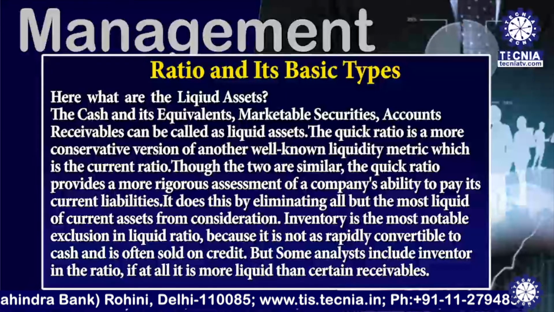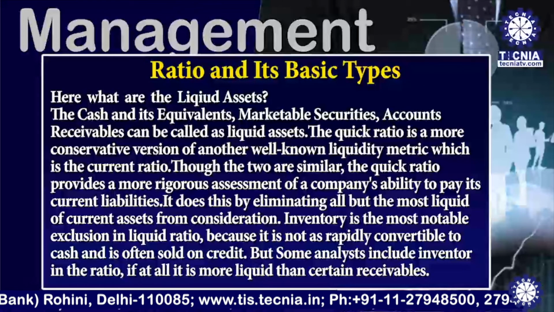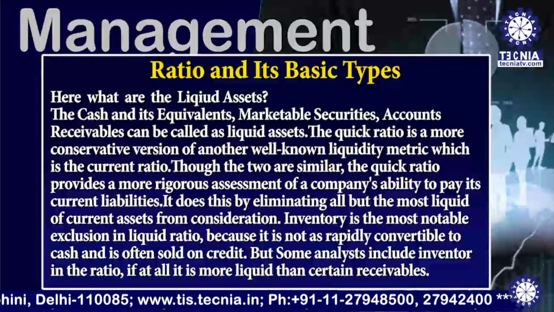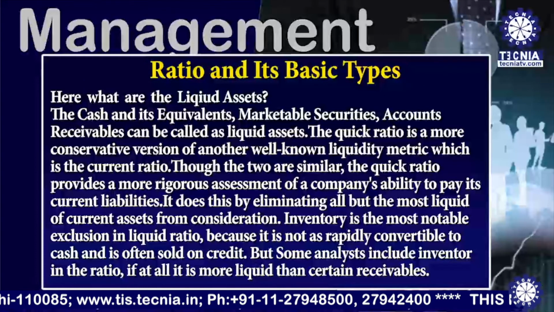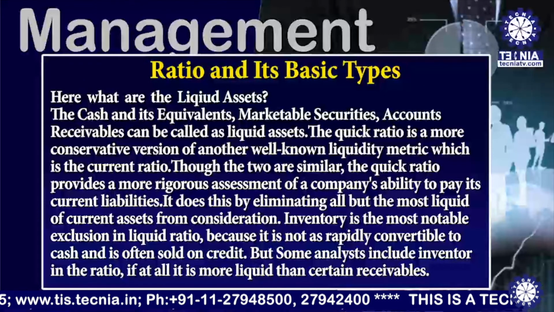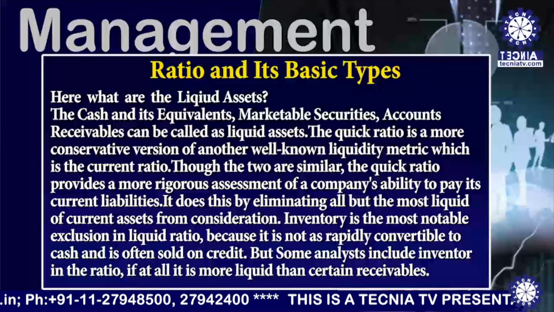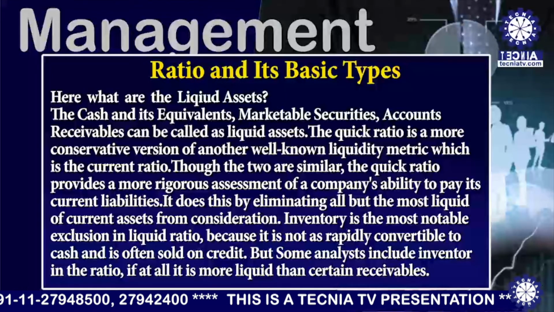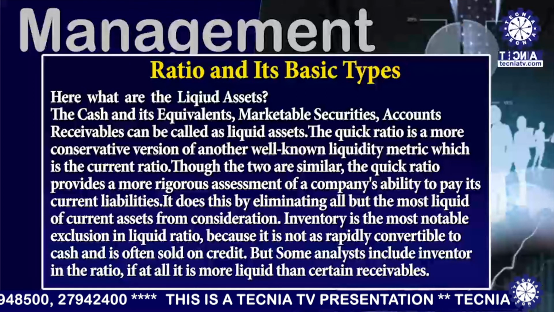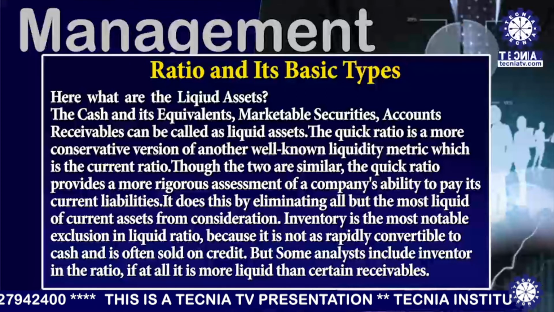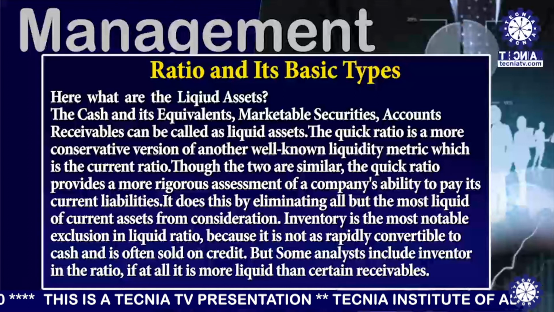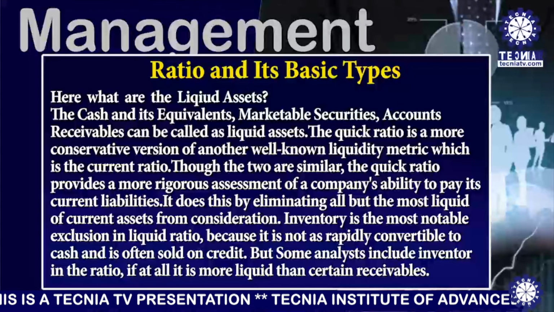Inventory is the most notable exclusion in the quick ratio because it is not as rapidly convertible to cash and is often sold on credit. But sometimes analysts include inventory in the ratio if it is more liquid than certain receivables.